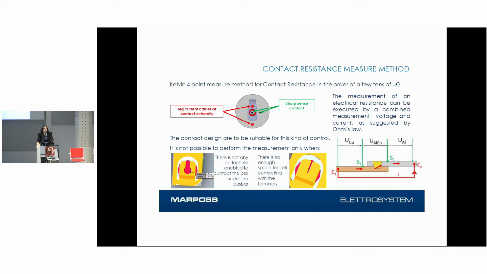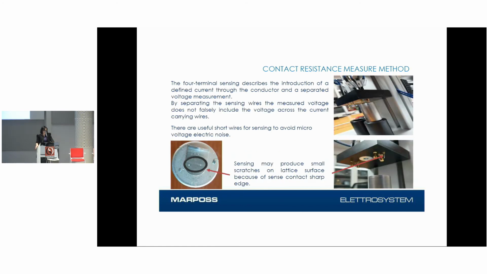This test can be performed if we have space to do it. So it's necessary to have a little bit of space between the bus bar and the terminal of the cells. If not, maybe it's not possible to perform this test.